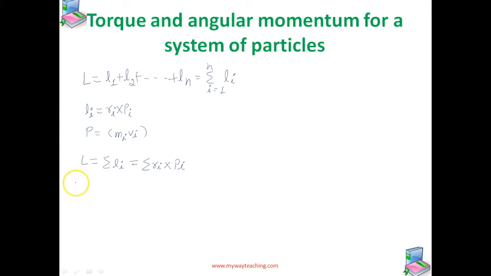So using the equation that we studied before, torque is equal to R cross F, and even using this equation we can get, after differentiating with respect to time, d by dt of sigma Li, that is equal to sigma Ri cross Fi.